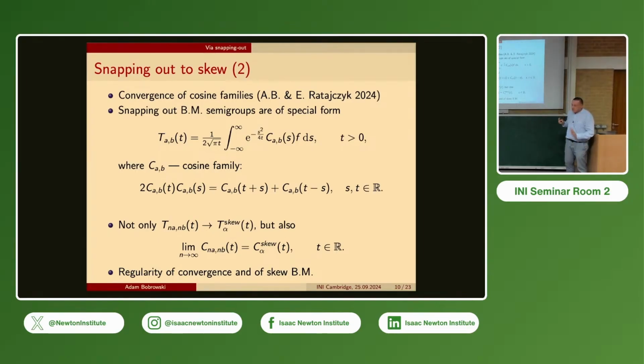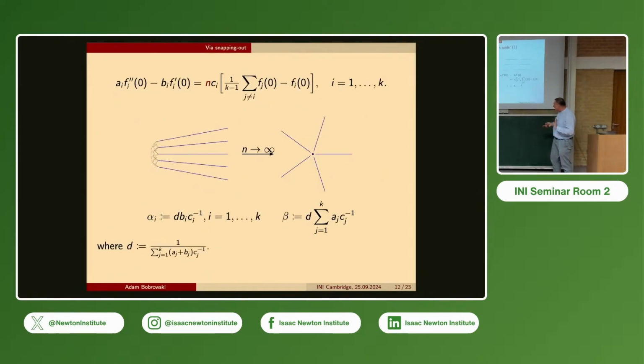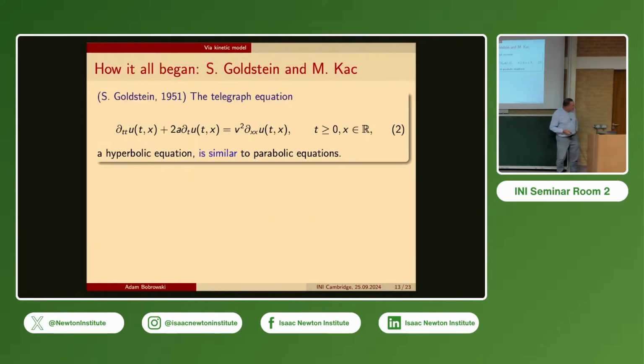So the biggest problem is how to find a common bound for these, and we need to go very deeply into functional analysis to do that. Okay, so I think I'm fine.